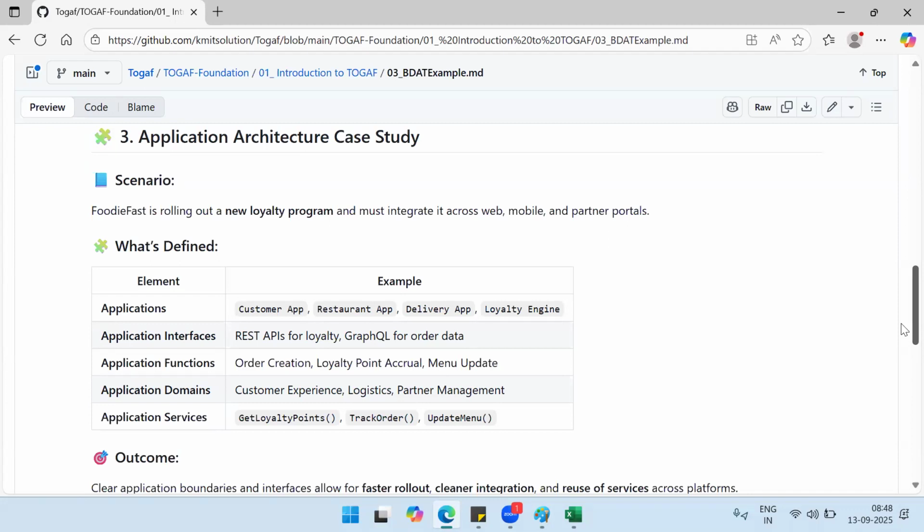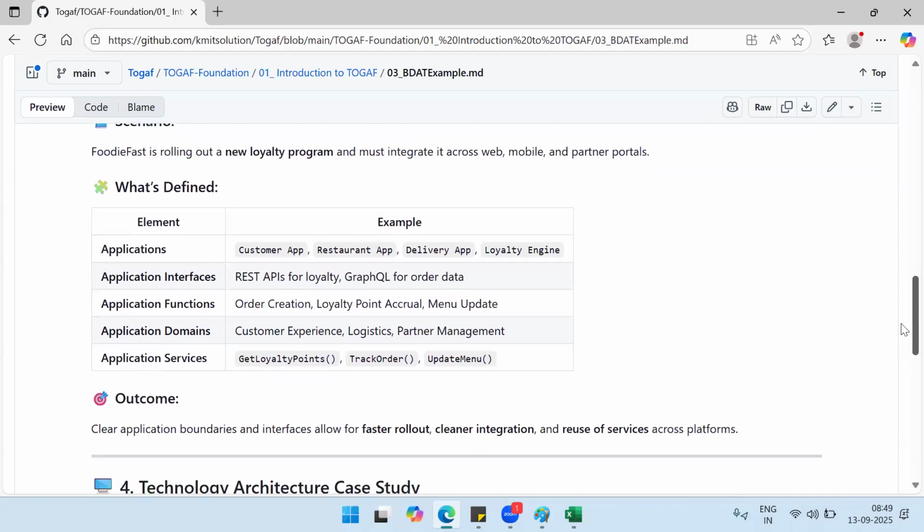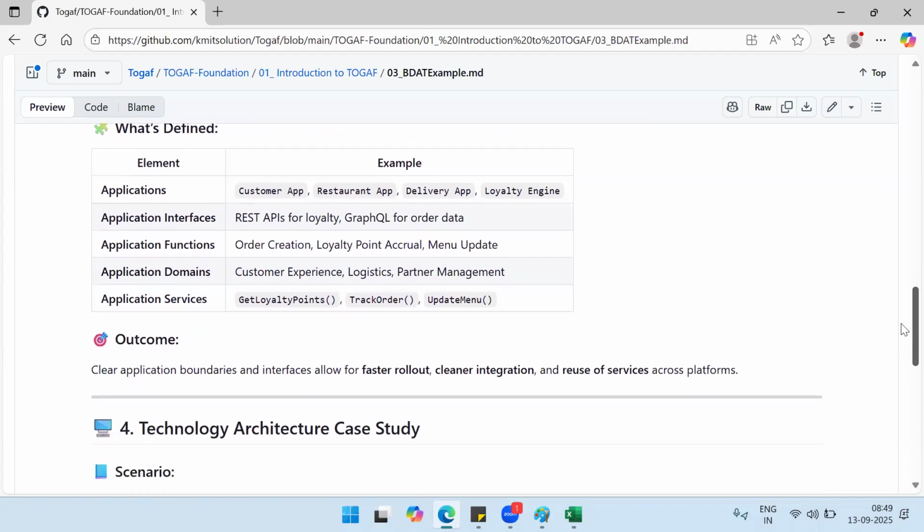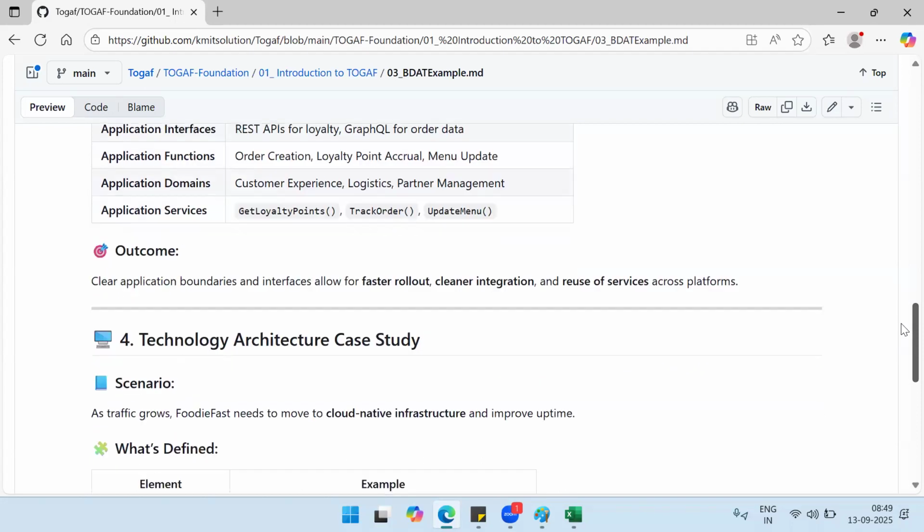What are the functions and different domains you are using, and the application services, like you can track the order, you can update it. Anything related to the application comes under the application domain, like application boundaries and interfaces, which allow faster rollout, cleaner integration, and reuse of services.